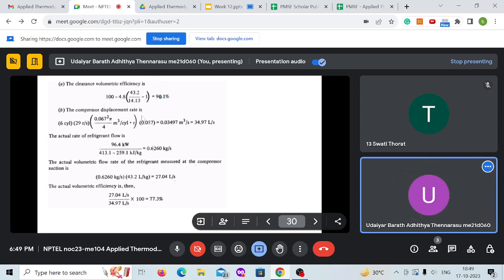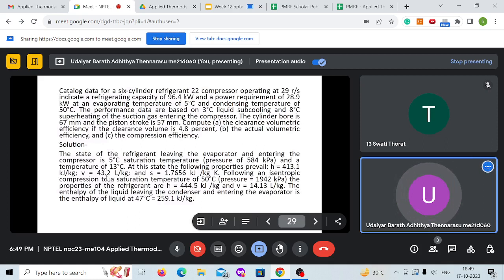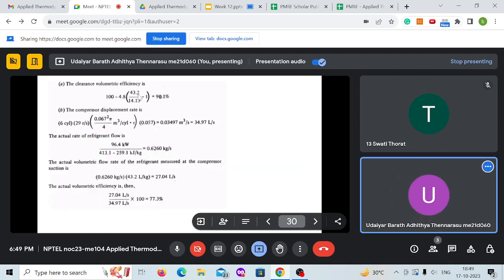Initially at point 1 the specific volume is 43.2, and after compression the specific volume is 14.13. Substituting, 43.2 divided by 14.13, minus 1. So this will come out to be 0.901, or 0.9. So 90% volumetric efficiency.